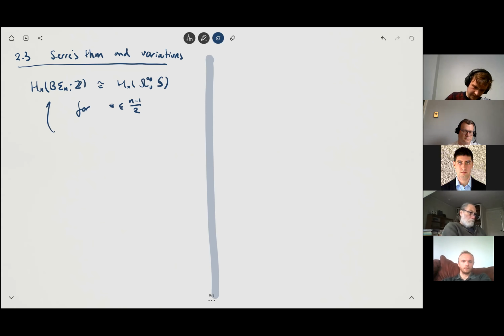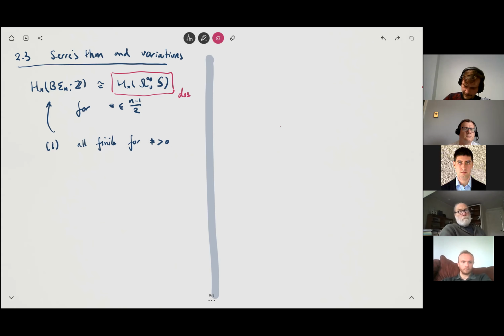Now, the first property we discussed says that these are all finite, at least in positive degrees. And by taking n as large as we want, note that this does not depend on n, we just see that the homology groups of this infinite loop space are all finite.